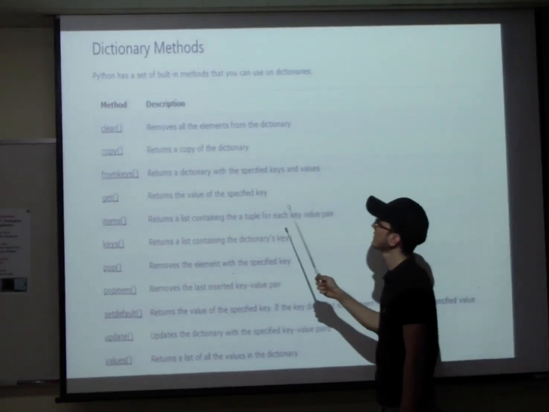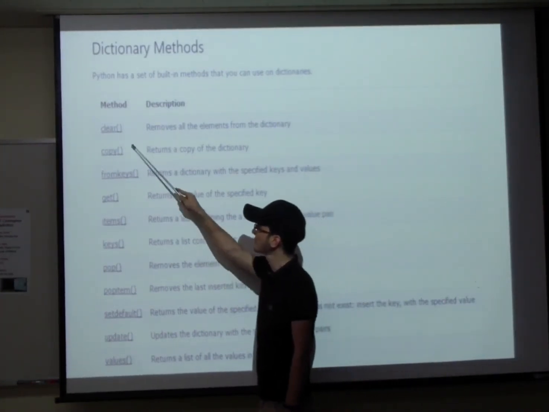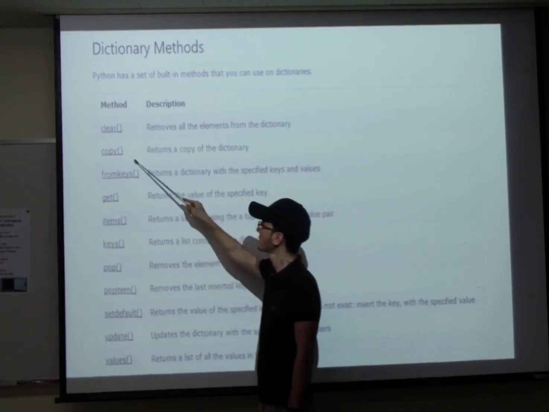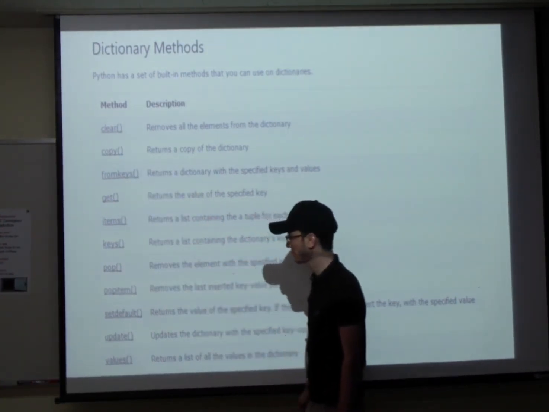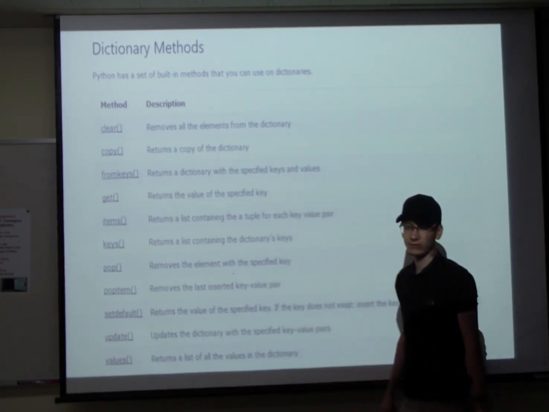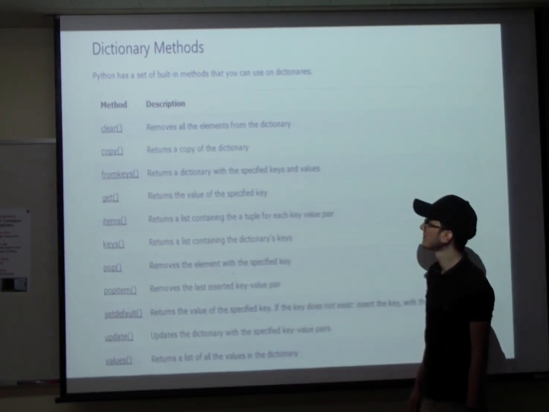So here we have dictionary methods. You can use these functions: clear, copy, fromkeys, get, items, keys. Some of them are the same as with the list.